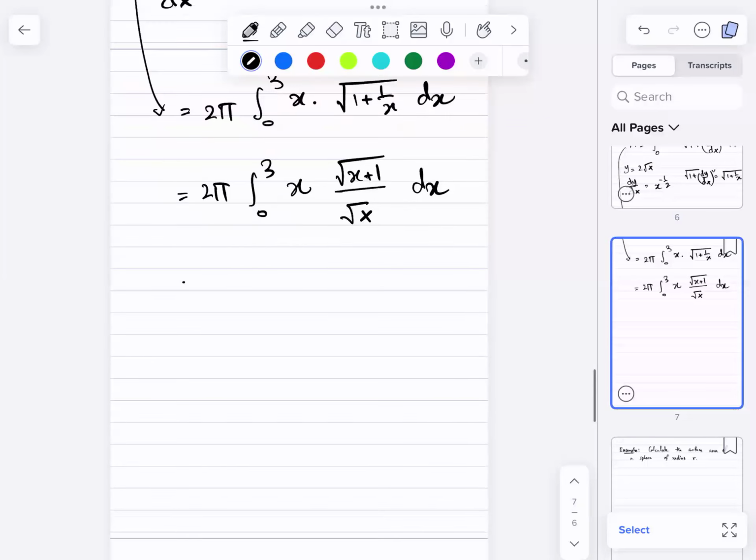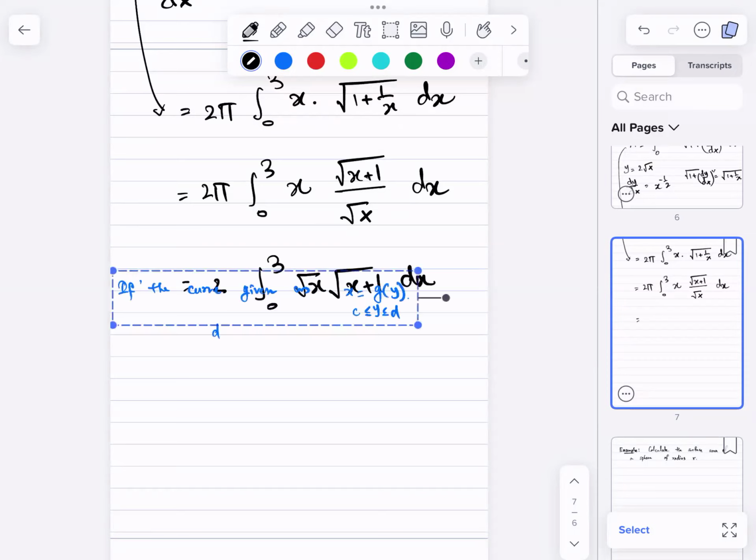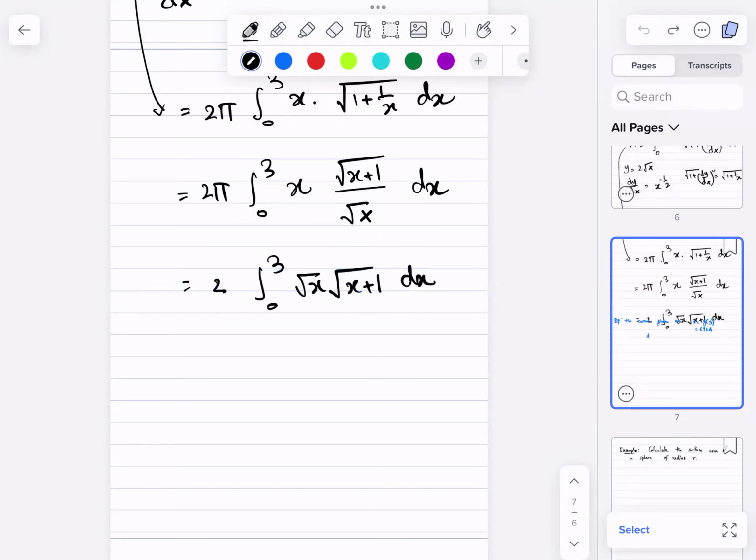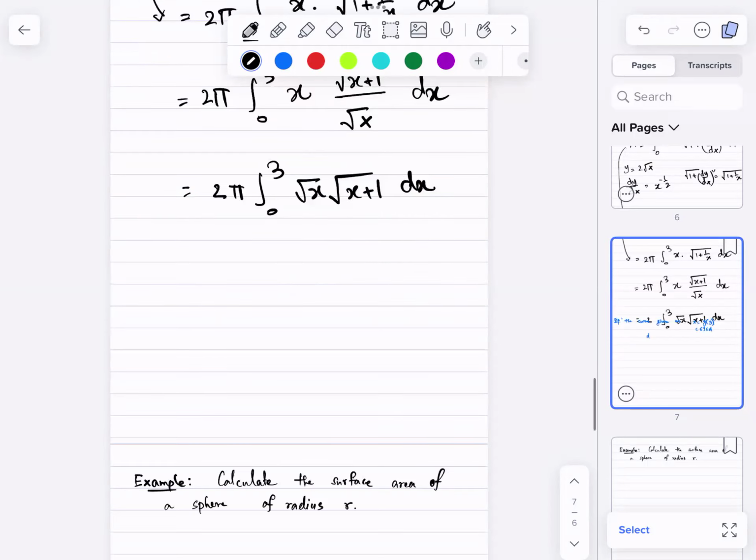And this becomes square root x times square root of (x plus 1), dx, from 0 to 3, 2 pi. This is 2 pi times the square root of (x squared plus x), dx, from 0 to 3. And then, to solve this, what can we do actually?